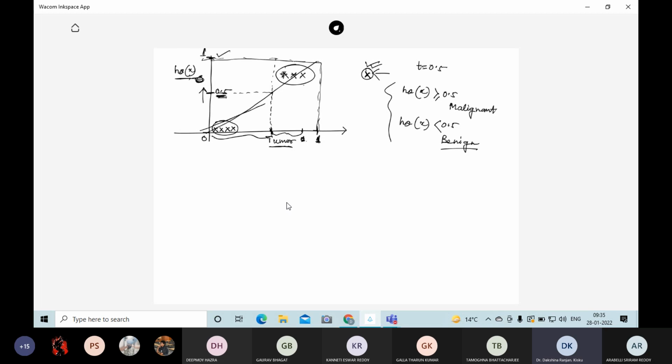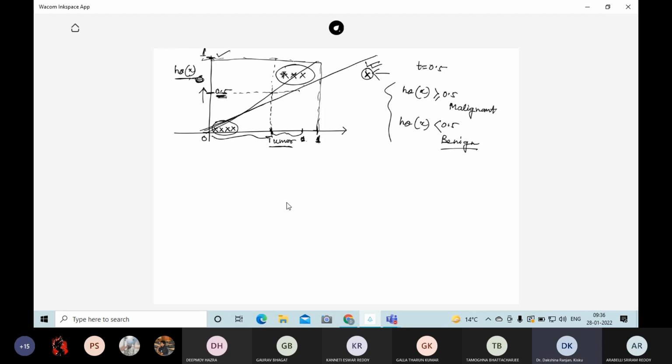Now, by adding these new examples, there will be a change of the best fitting line. That means the best fitting line will now be drawn like this. In this case, those examples which were previously labeled as malignant will now be found to be benign, because of adding these new examples.